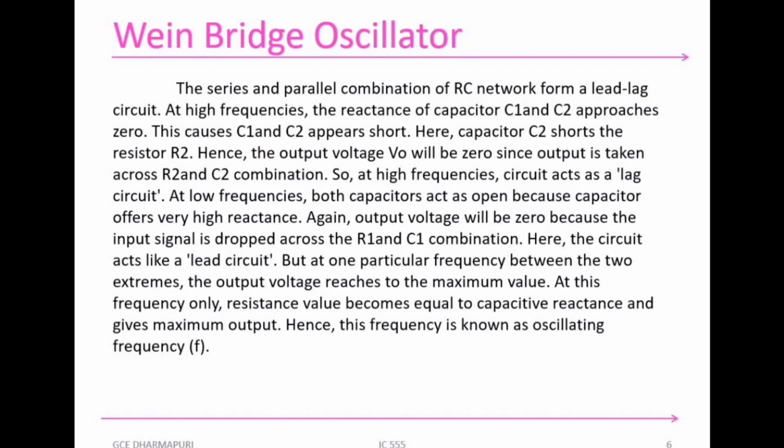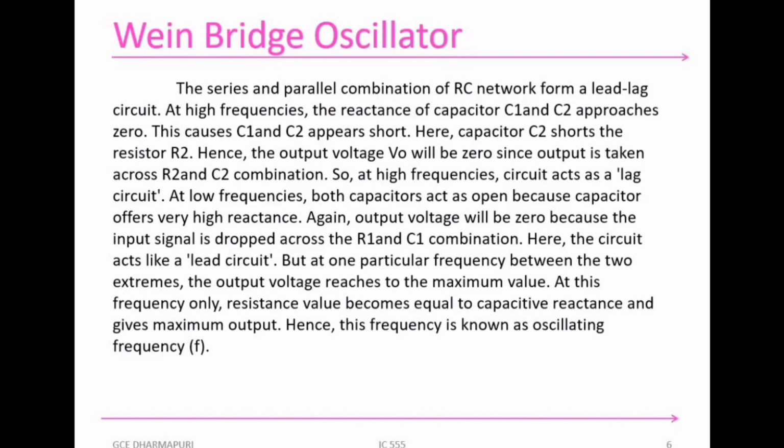At low frequency, both capacitors are open circuits because the capacitors offer high reactance. Again, the output voltage will be 0 because the input voltage is dropped across R1 and C1. Here, the circuit acts as a lead circuit. But at one particular frequency between the two extremes, the output voltage reaches the maximum value. At this frequency only, the resistance value becomes equal to the capacitive reactance and gives the maximum output. Hence, this frequency is known as the oscillating frequency.